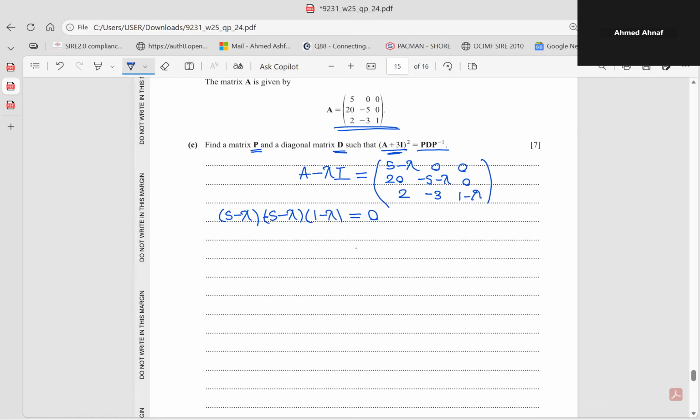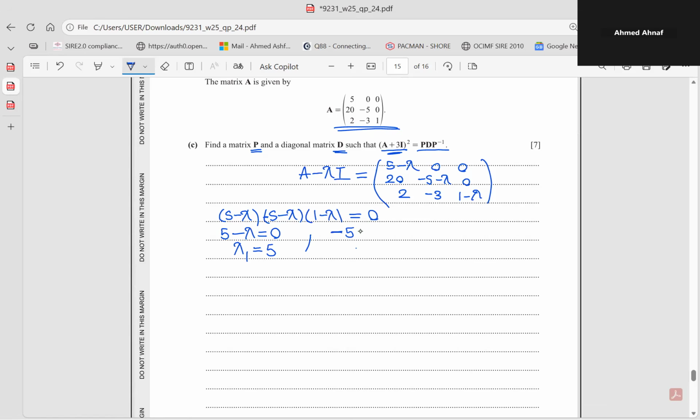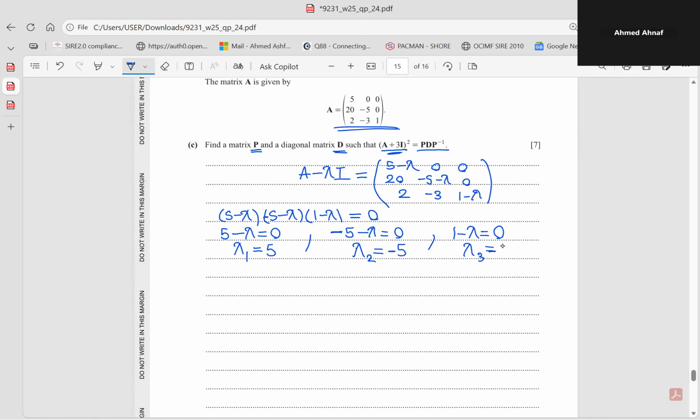Now we're ready to solve. 5 minus lambda equals 0, lambda 1 equals 5; minus 5 minus lambda equals 0, lambda 2 equals minus 5; and 1 minus lambda equals 0, lambda 3 equals 1. So these are the eigenvalues.